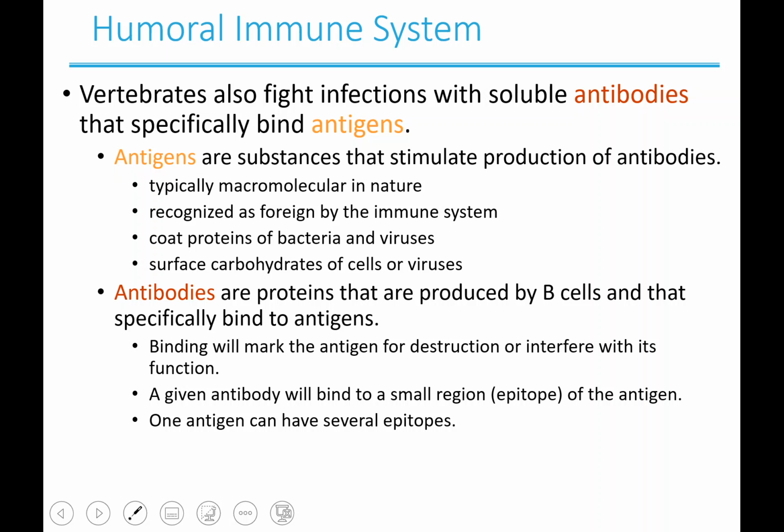The easiest example for me to discuss this is a protein. If you have a foreign protein that's injected into your body, that protein becomes an antigen, and antibodies can bind to different regions of that protein. We call those regions that different antibodies bind to different epitopes.